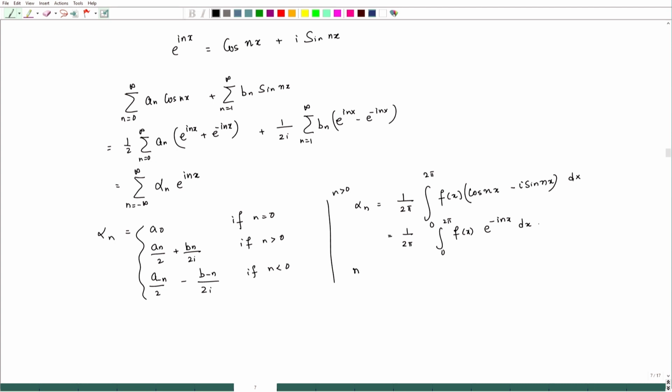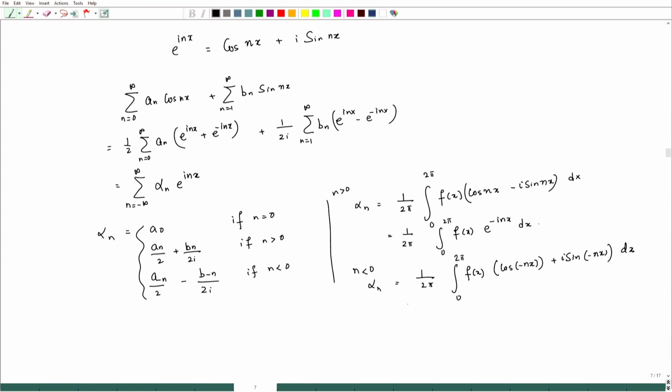If n is less than 0, then alpha n is again 1 by 2 pi, the factor 2 coming from here, and then integral 0 to 2 pi f of x, then this is cos of minus n x minus i sin of minus n x, then dx.